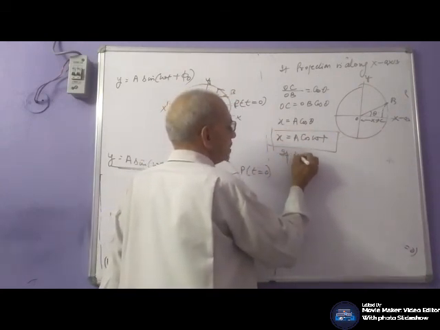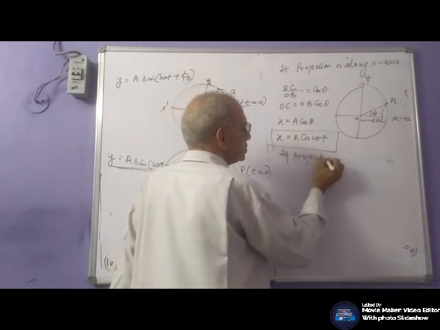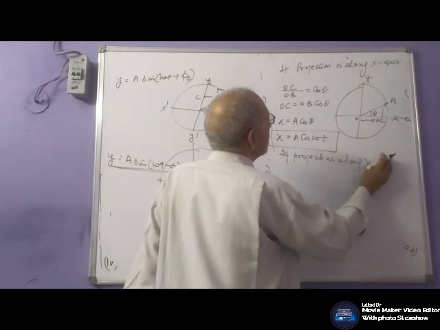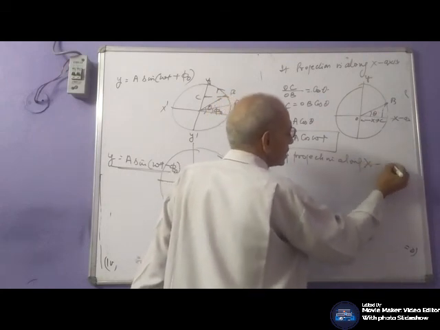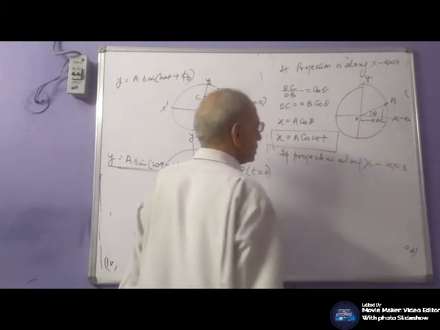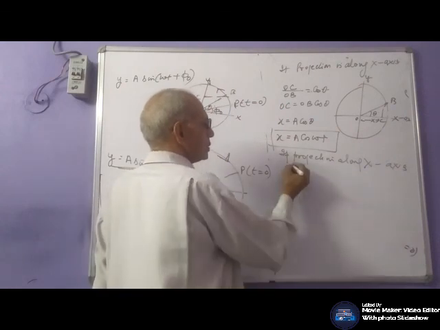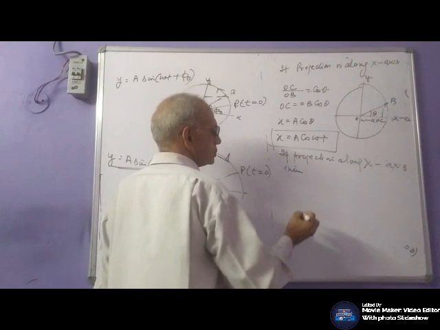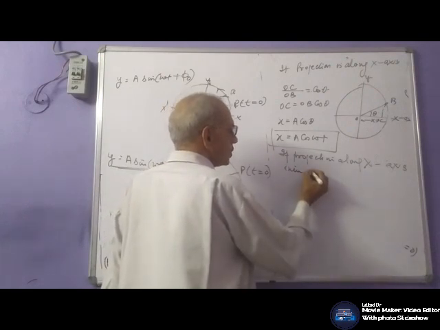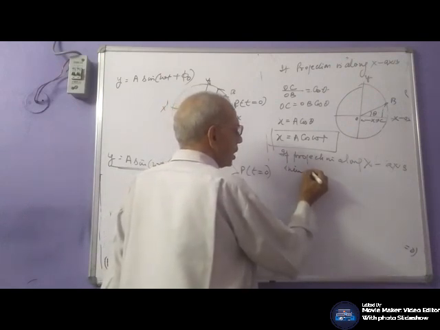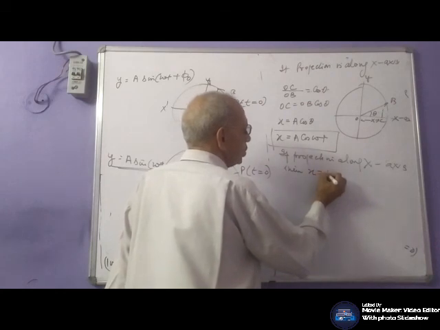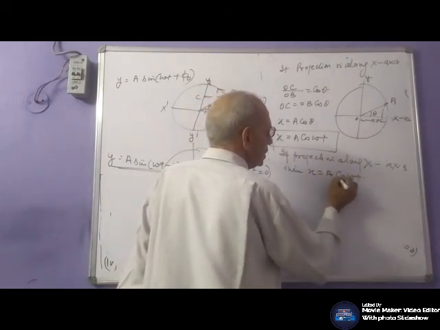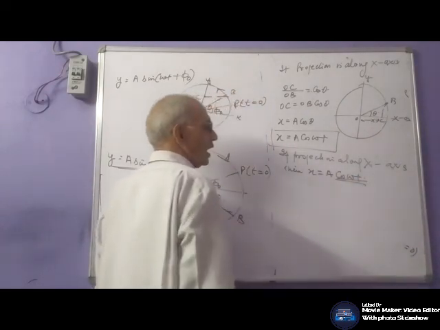A projection along the x-axis, then x comes out to be A cos omega t instead of sine.